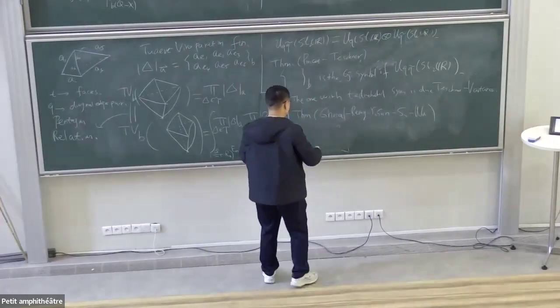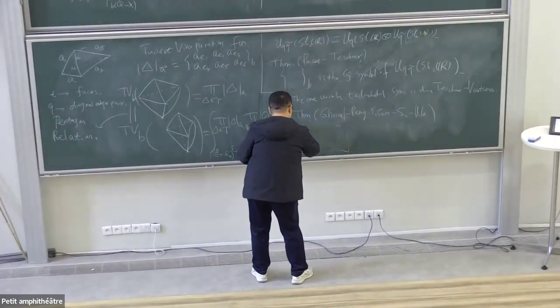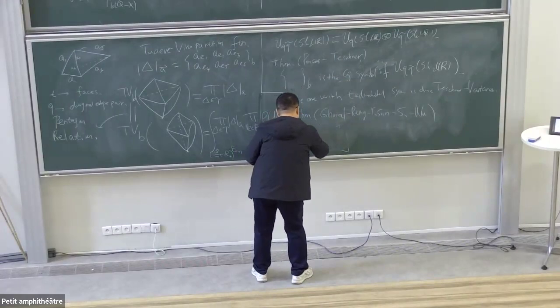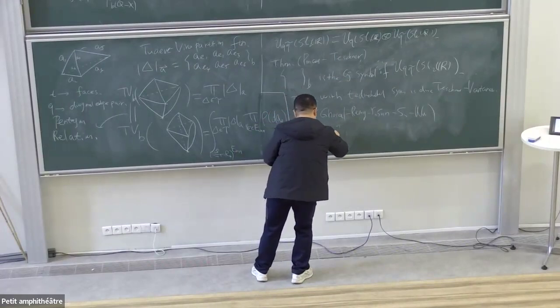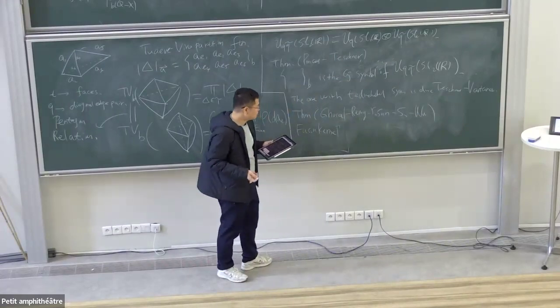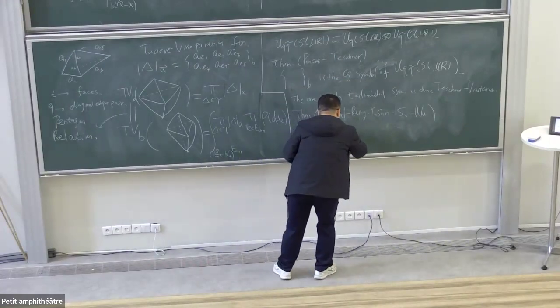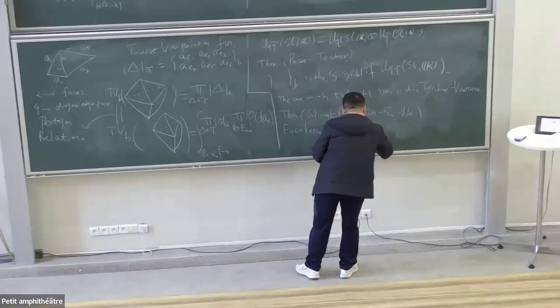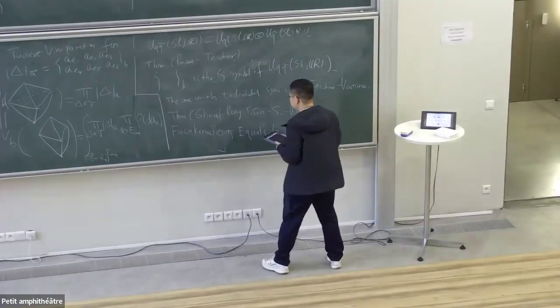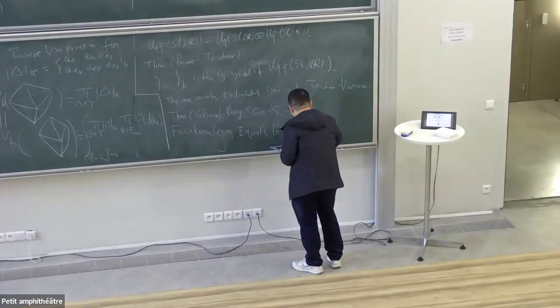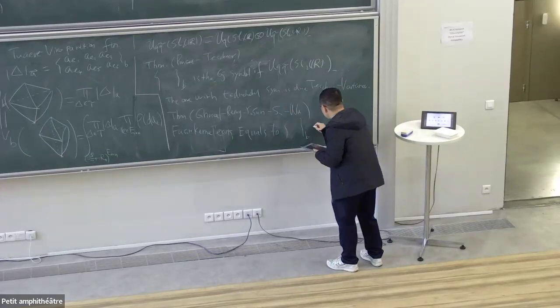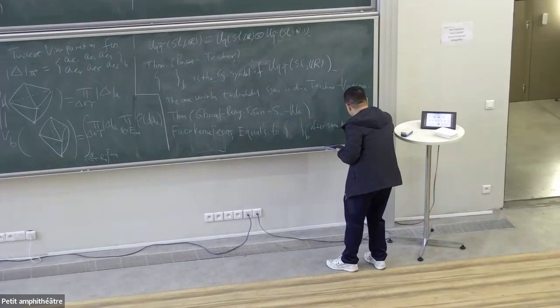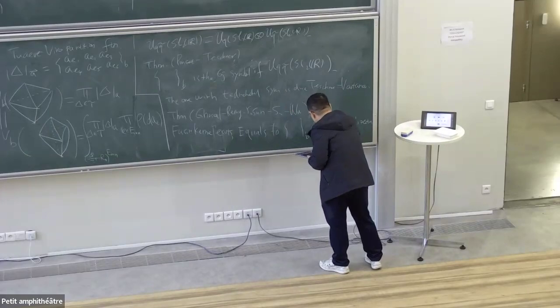The theorem is that the fusion kernel mentioned in your talk exists and equals the 6j symbol after some normalization involving the double sine function.